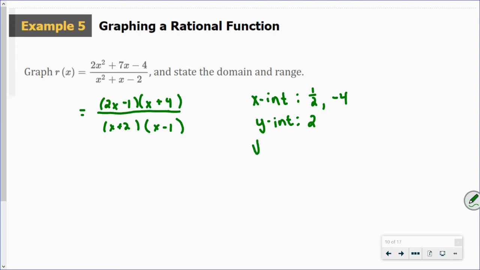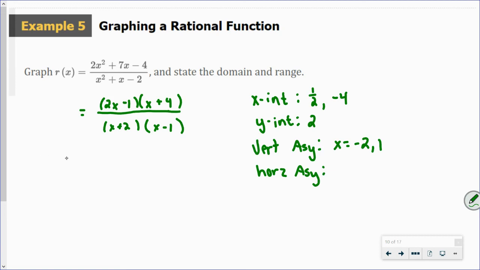Your vertical asymptote is where the bottom equals 0. So you actually have 2 vertical asymptotes, at x equals minus 2 and 1. Then we go to the horizontal asymptote.